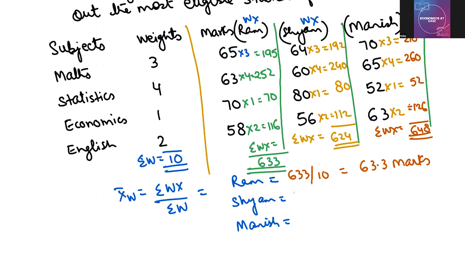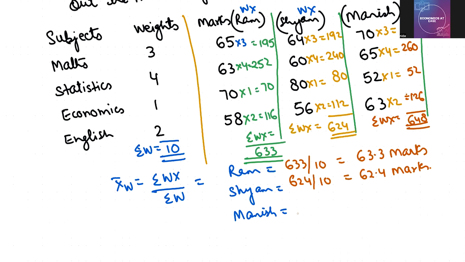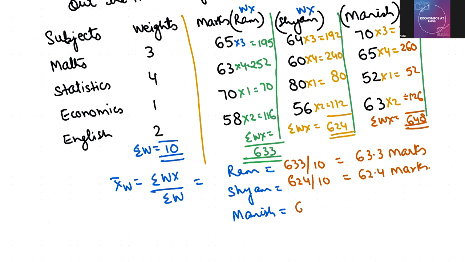Then 624 divided by 10, तो 62.4 marks. And then 648 is divided by 10. Weighted है ना ये सबमिशन weight का, so it would be 64.8 marks. Now tell me in the comment section who is the most eligible for a scholarship.